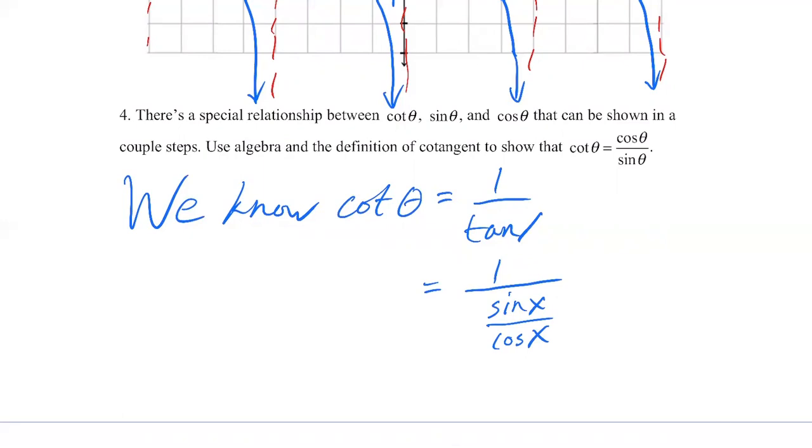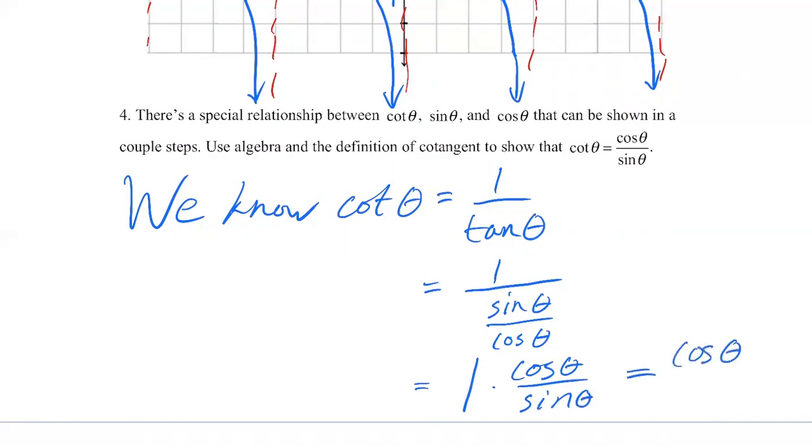Poor form. There's the thetas. Okay. Well, anytime you're dividing by a fraction, you should invert and multiply. So this would be equal to 1 times cosine theta over sine theta. Oh, what do you know? There we go. Cotangent of theta is equal to cosine theta over sine theta.